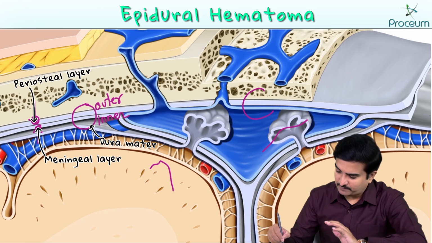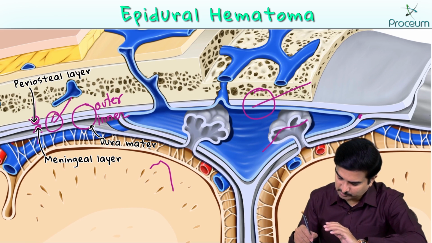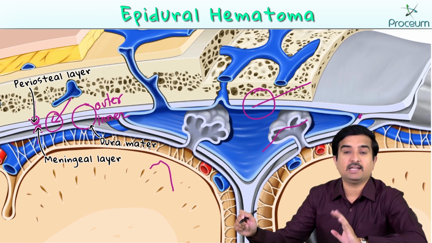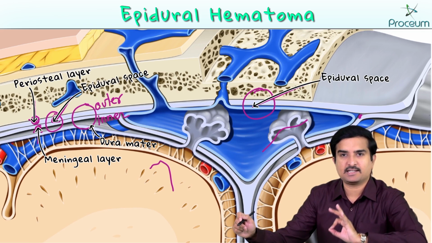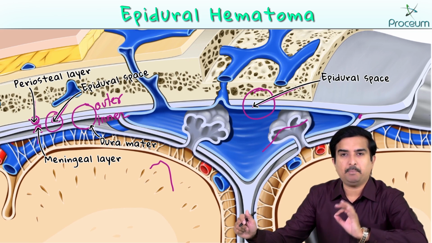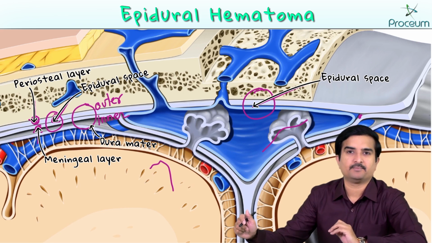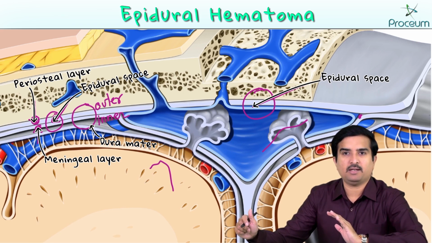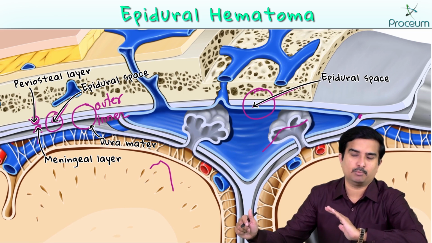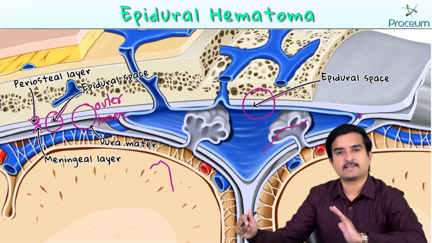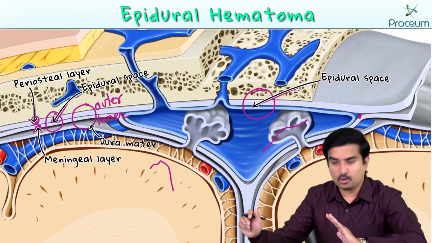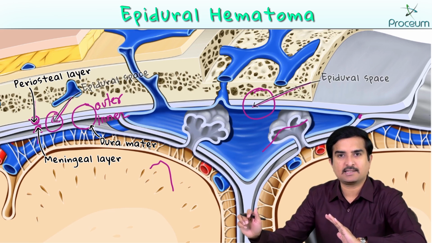The potential space present between these two is called the epidural space. So the epidural space is the space between the two layers of the dura mater, and this space exists around both the brain as well as the spinal cord.